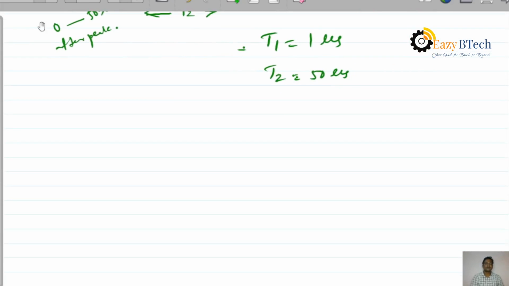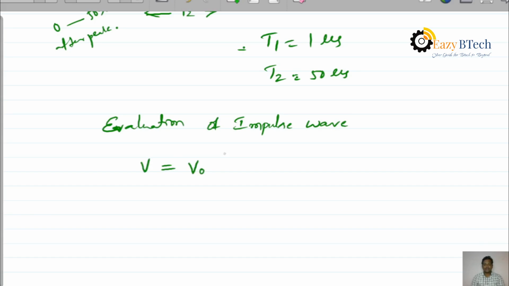Now, the evaluation of the impulse wave. This waveform can be evaluated as V equals V naught into e power minus alpha t minus e power minus beta t.